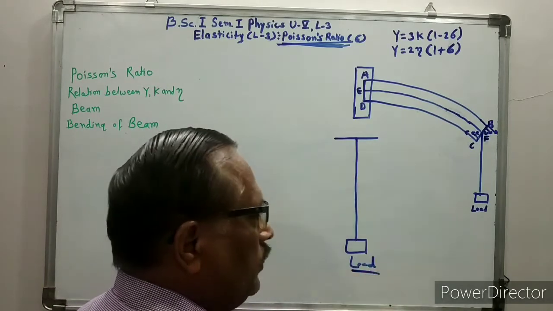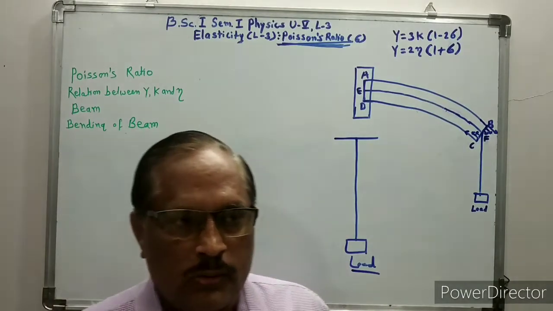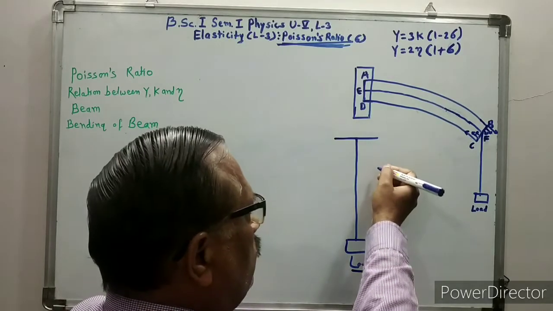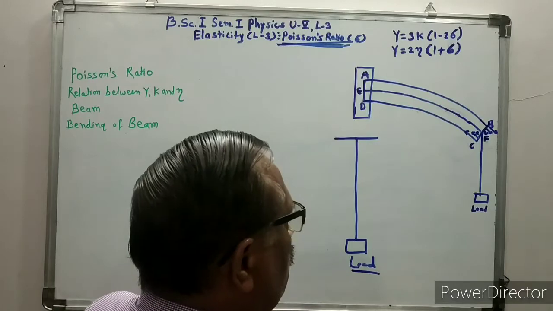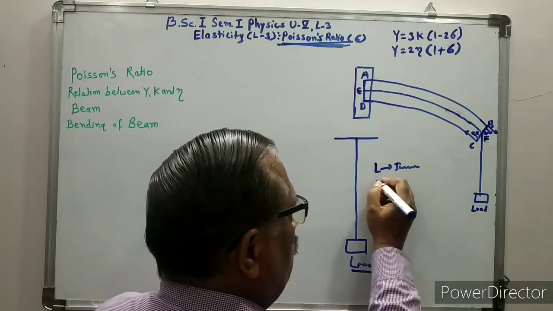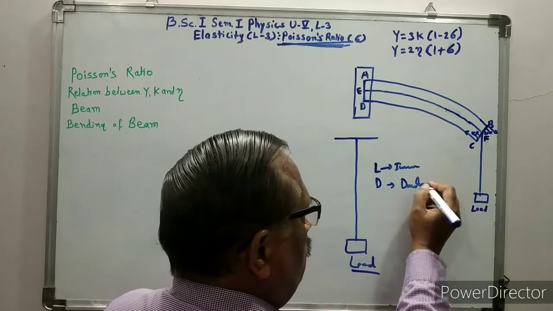At the same time, its diameter decreases. So the longitudinal extension in the wire is accompanied by lateral contraction. Here the length increases, at the same time its diameter decreases.